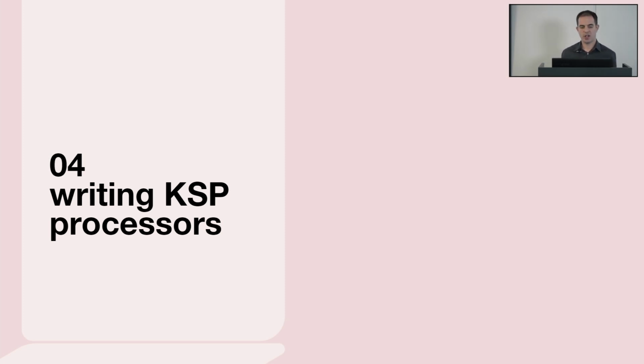And in the last part, which will be I think the biggest part, I will show you how to write your own Kotlin symbol processor. So if you have a problem which you want to solve, some kind of special boilerplate code which you want to eliminate by generation, then you can learn how to write the Kotlin symbol processor yourself.